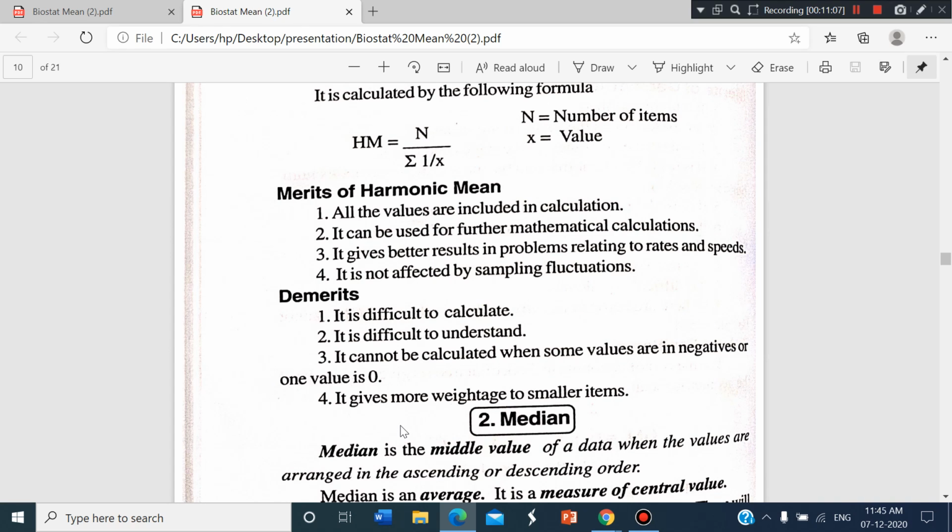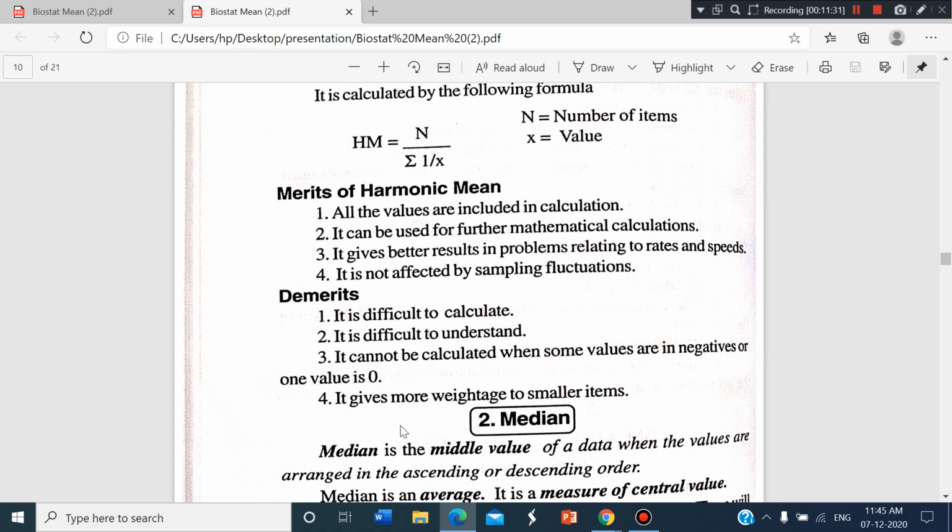All values are included for calculation, and once you get it you can use it for further mathematical calculation. It gives better results in problems relating to rates and speeds, and it is also not affected by sampling fluctuation.